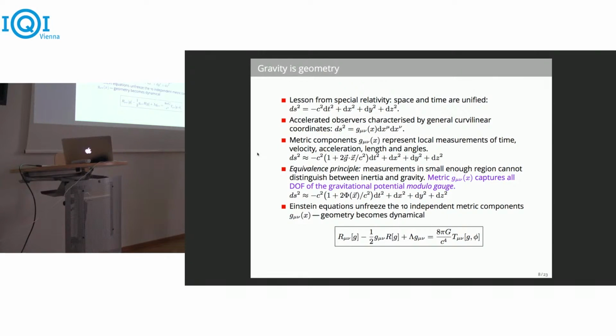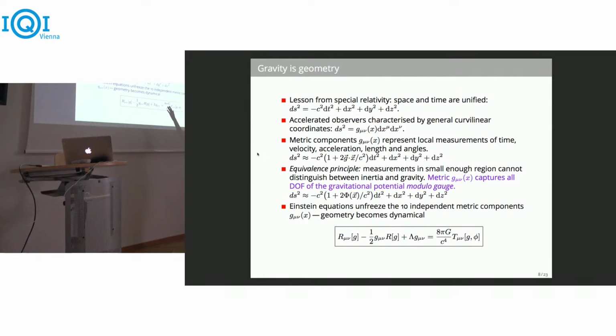Now, in the first line, you see the line element as seen by inertial observers, but a general observer may move along an accelerated trajectory, and for a family of such accelerated observers, the metric coefficients will be just arbitrary functions of the space-time coordinates x.